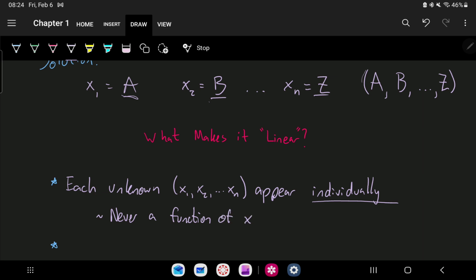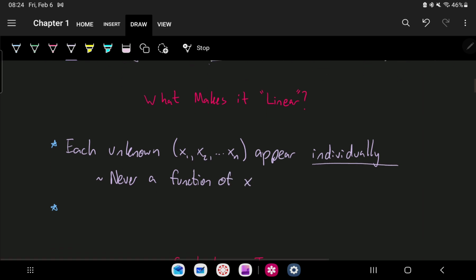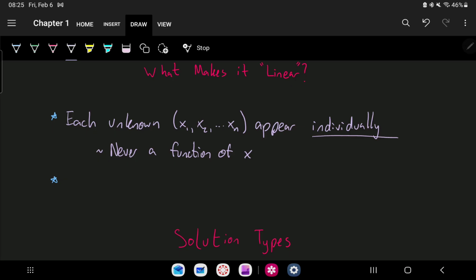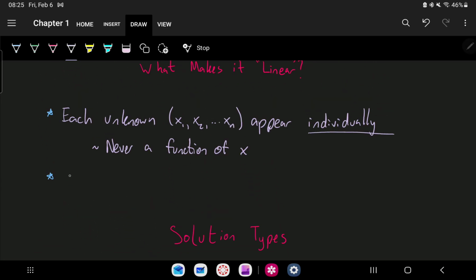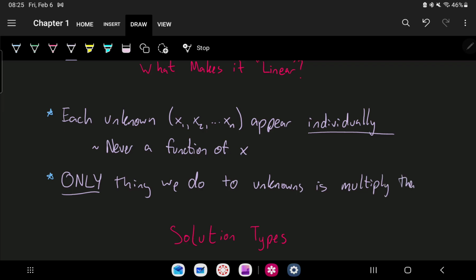Remember, this is linear algebra, right? So we're not going to be doing anything super crazy with this. In fact, the only thing we're going to do to unknowns is multiply them by a constant.